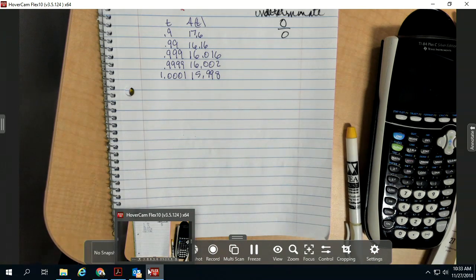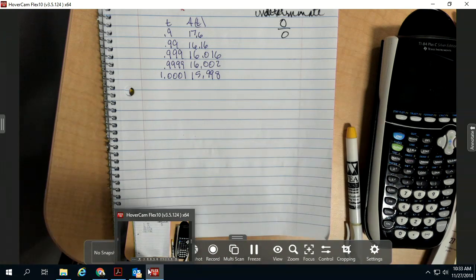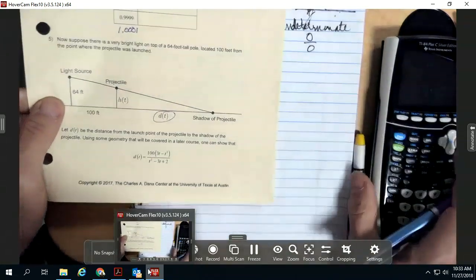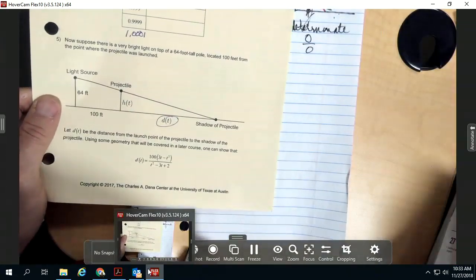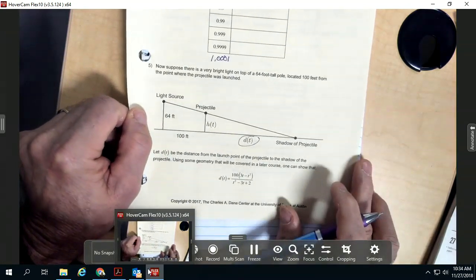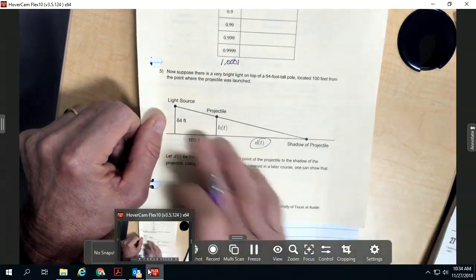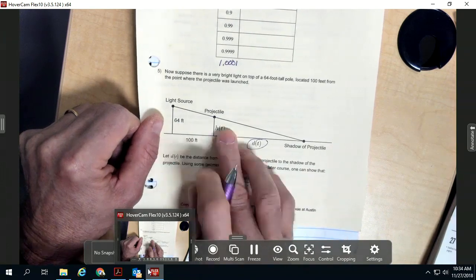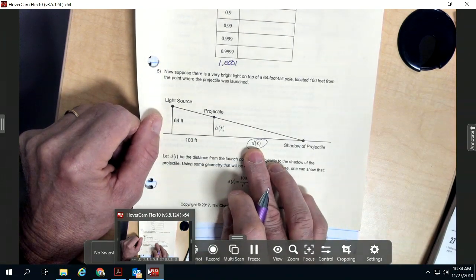Page 240. Now suppose there is a very bright light. Is your light pole 64 feet tall? Does your diagram match this one? 64 feet, 100 feet, H of t, D of t? Yes.